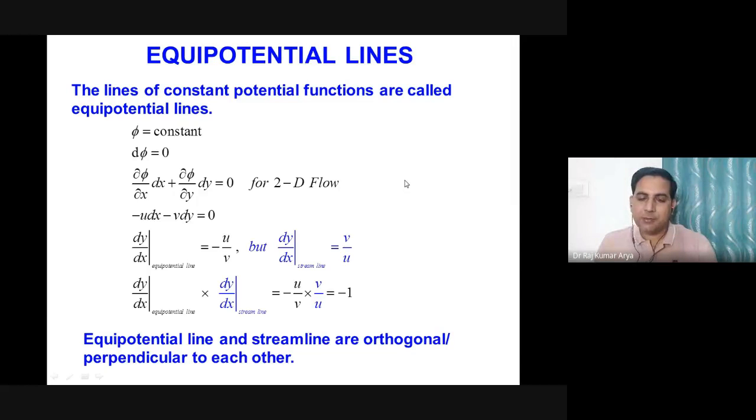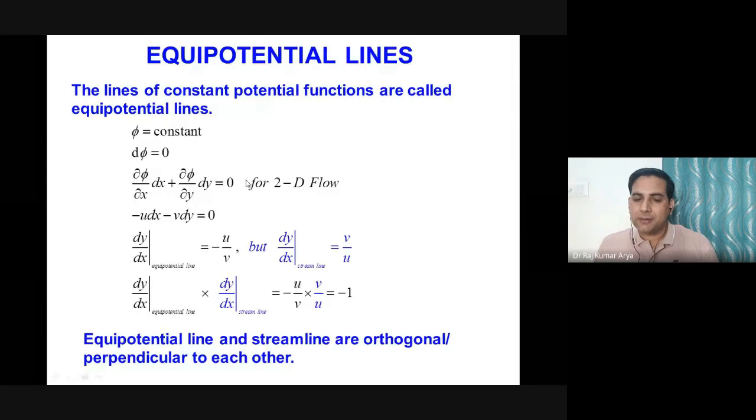So that's the way you are saying that lines of constant potential function are called equipotential lines, and here that phi is constant, so you say the total d phi should be equal to 0, and then you are finding d phi: del phi upon del x into dx, plus del phi upon del y into dy. Because velocity potential is a 3D function, you can also write one more term here, del phi upon del z into dz. But if you are writing it for 2D flow, you are just considering the first two terms only.